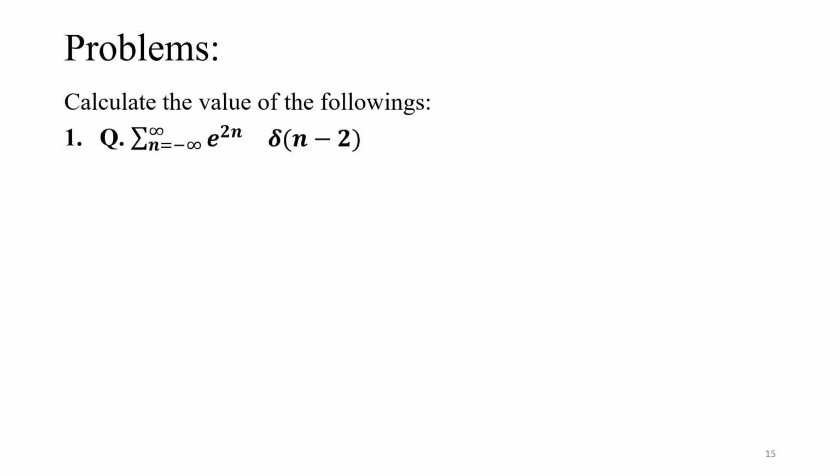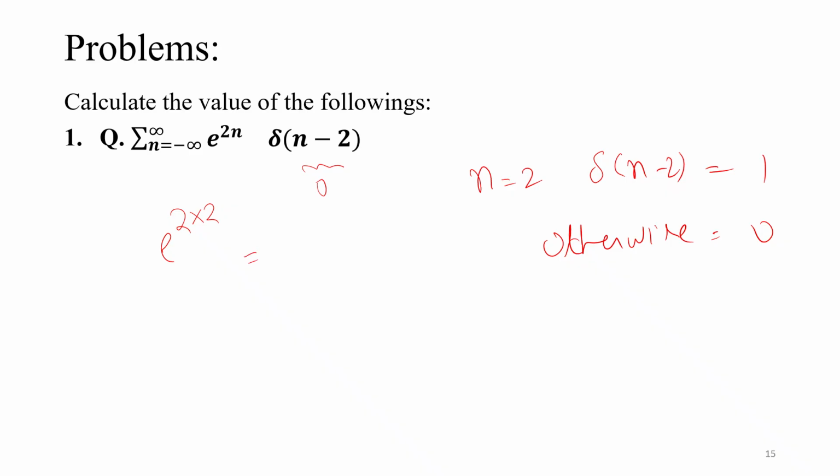So now some problems related to del function or impulse function. Here, as I said, del of bracket 0 means it will make it 1. It is given e to the 2n del of n minus 2. So at n equal to 2, I will get del of n minus 2 is equal to 1, otherwise 0. So in this case, the summation, we put n minus 2 is 0 means n equal to 2. So the answer will be e to the 2 into 2, it is e to the 4.